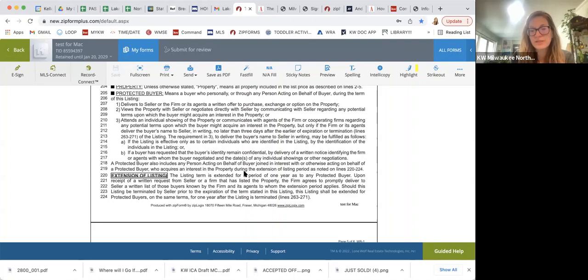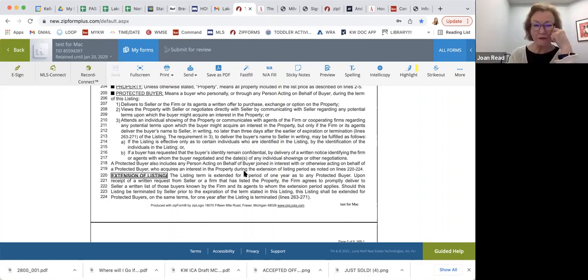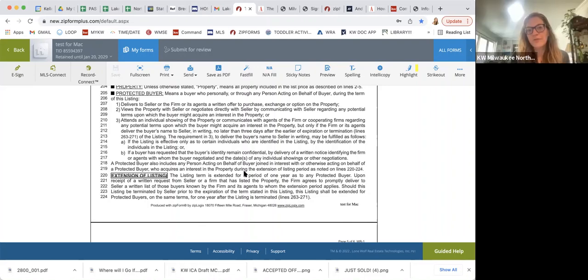So what that means is that any party who has seen the home during the time that we had it listed, anyone who has seen it, anyone who has written an offer, becomes what's called a protected buyer. And if any party decides to write an offer during that 1-year period after the expiration of the listing contract, and there's a successful closing, we as the firm are owed the commission on that sale.